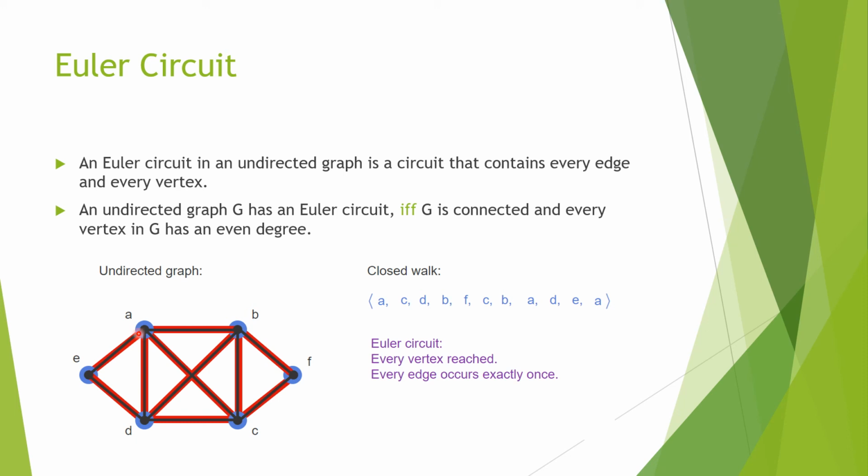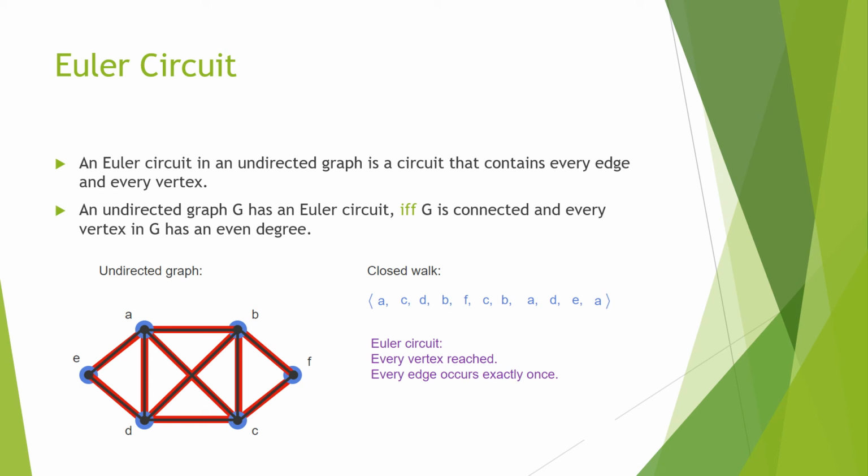We start from A, and then we go to C, D, B, F, C, B, A, D, E, and finally we go back to A. It is a closed walk because we start at A and we finish at A. It is a circuit because no edge is repeated more than once. And it is a Euler circuit because every edge is participating in this circuit.